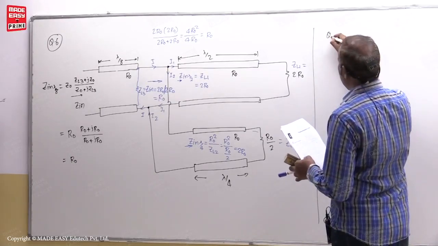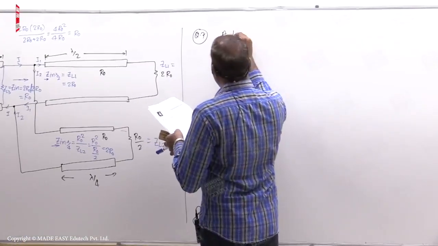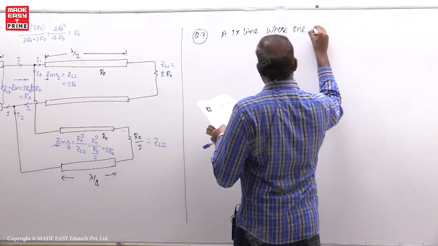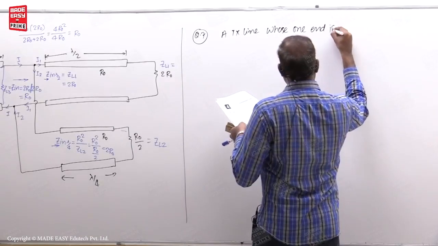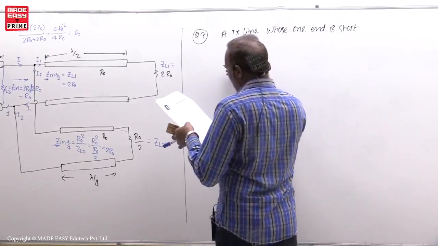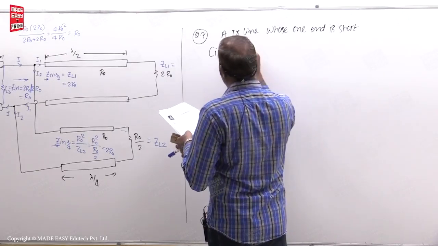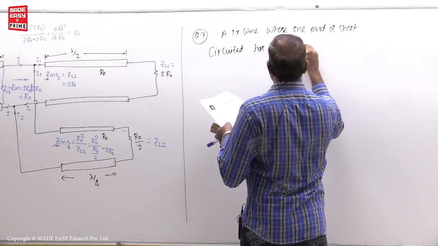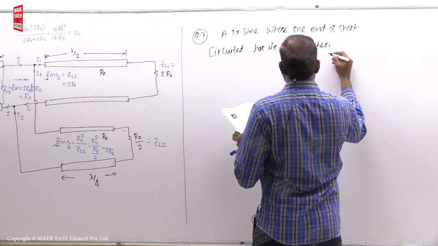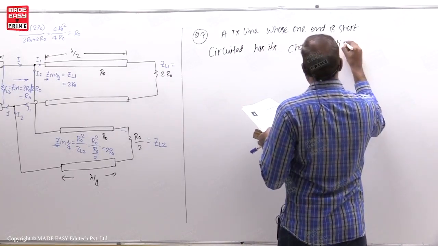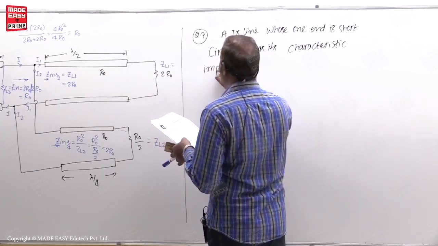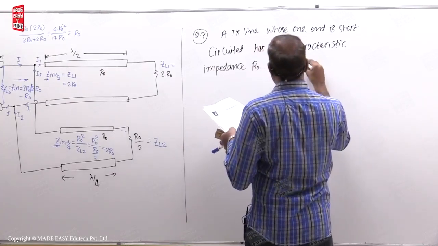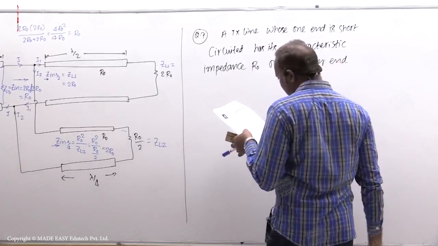Next question. A transmission line whose one end is short circuited has its characteristic impedance R naught on the other end.